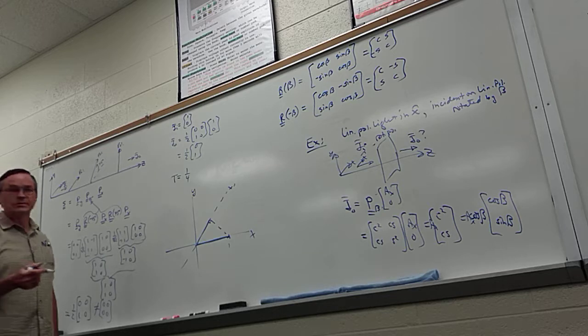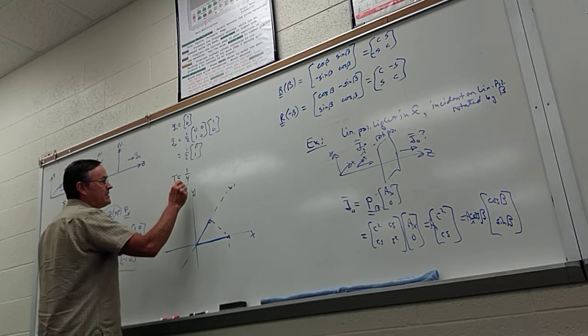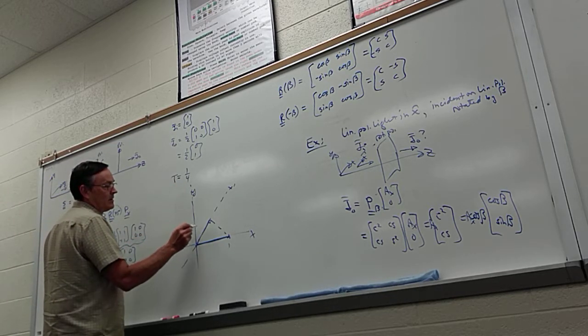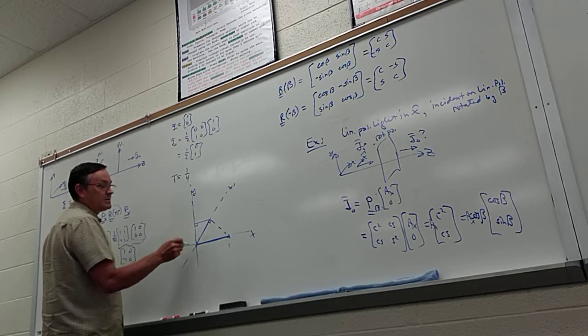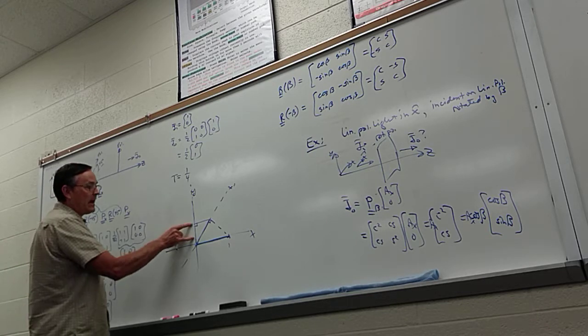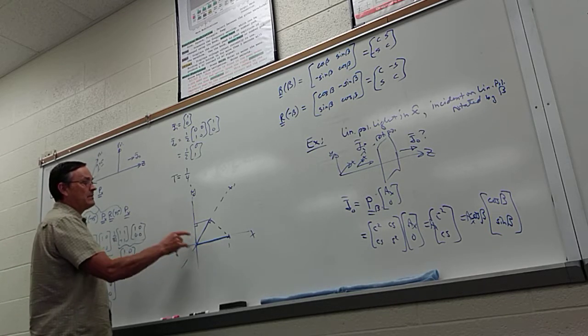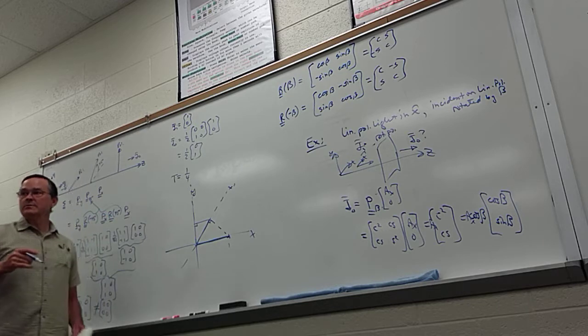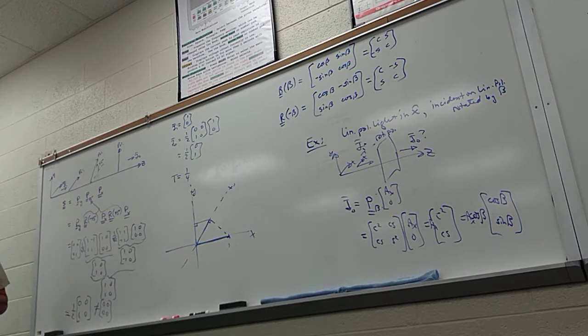It's 1 over root 2 of this length. And then this one right here, 1 over root 2 of that makes it through. And if we have half the original field, that means we have 1/4 of the original power. So that's how it works.